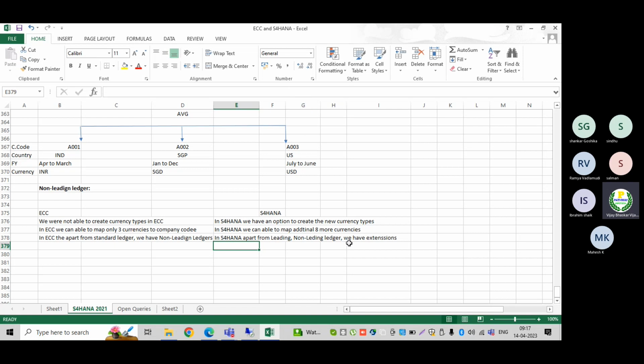The extension ledger is the ledger we can use for adjustment postings, remember. This is one more concept which is there in S4 HANA, compared to what was there in ECC. I'll also mention a few other important points.